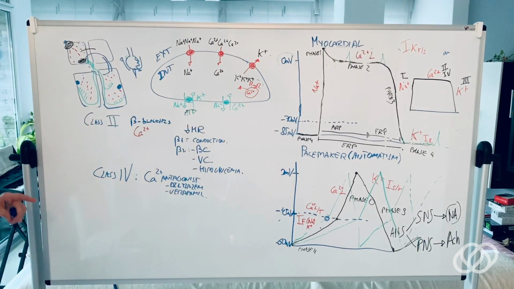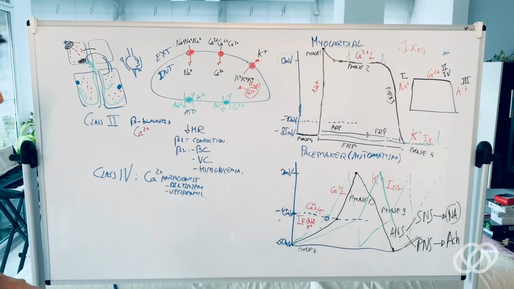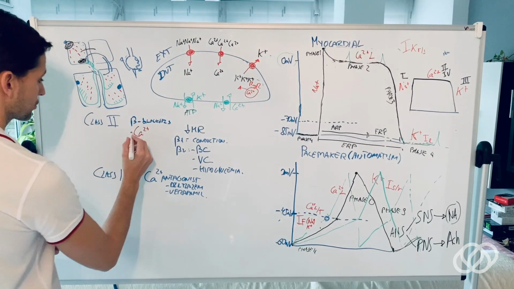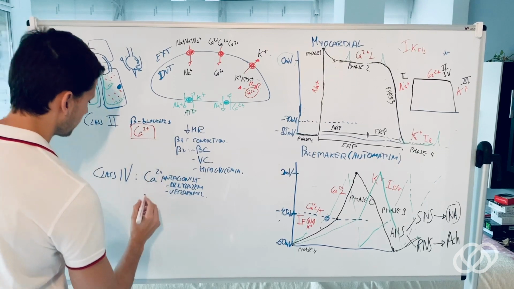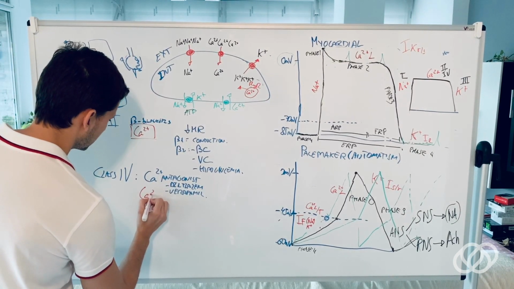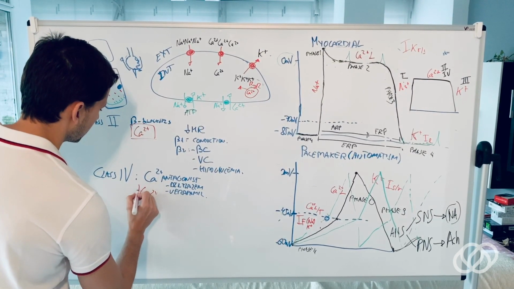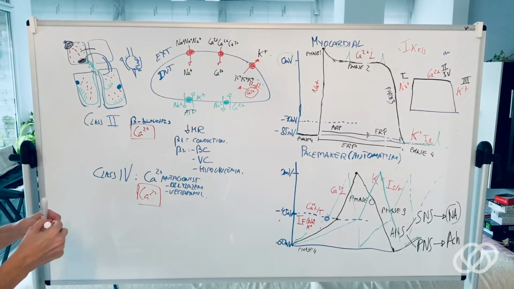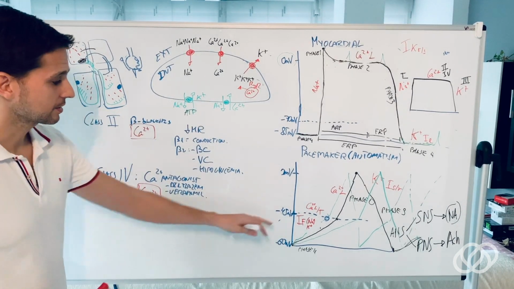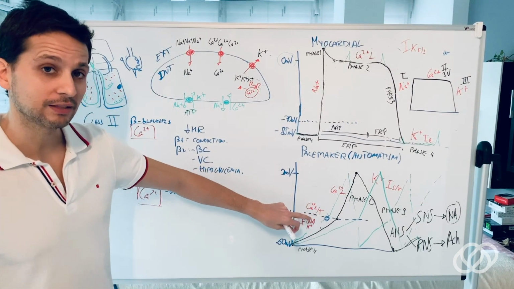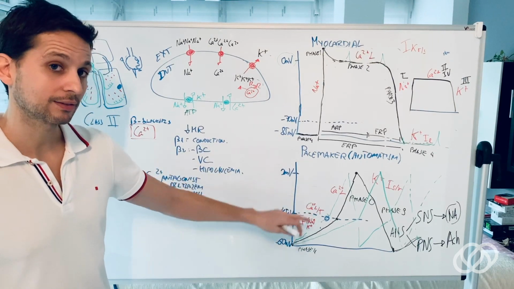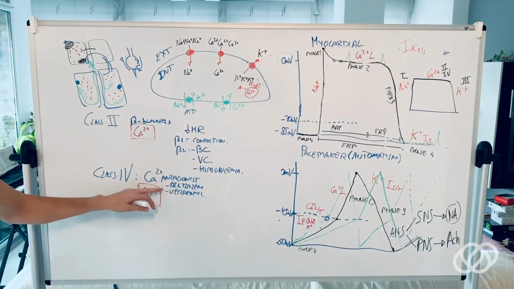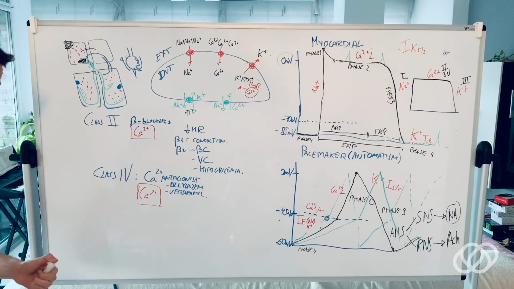Diltiazem and verapamil are the calcium antagonists. I said it's pretty similar because, as with beta blockers, they block the calcium channels, and by blocking those calcium channels we have the same negative chronotropic effect, and that's why we use those drugs a lot to slow down the arrhythmias.